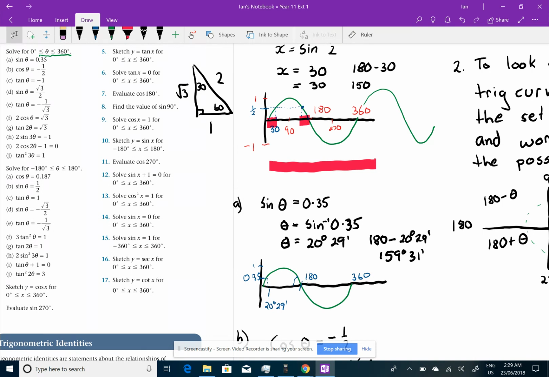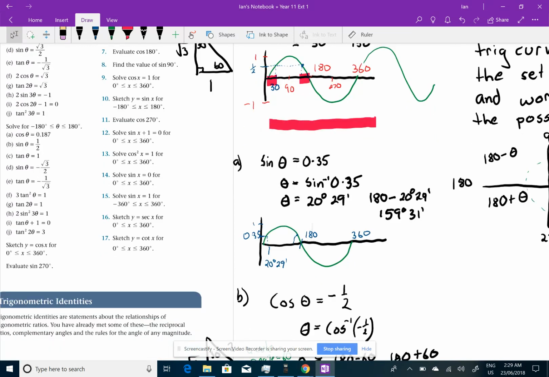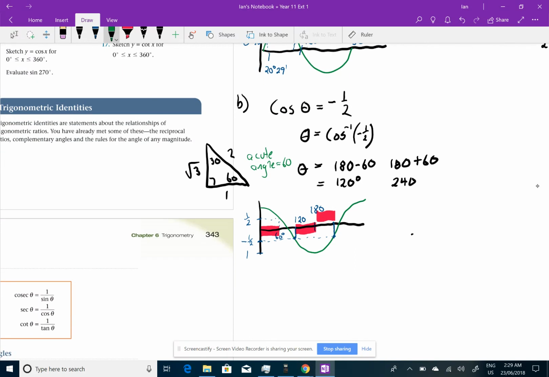Now, I want to do one that's going to give me one in that 4th quadrant. So let's have a look at C. Tan theta equals negative 1.